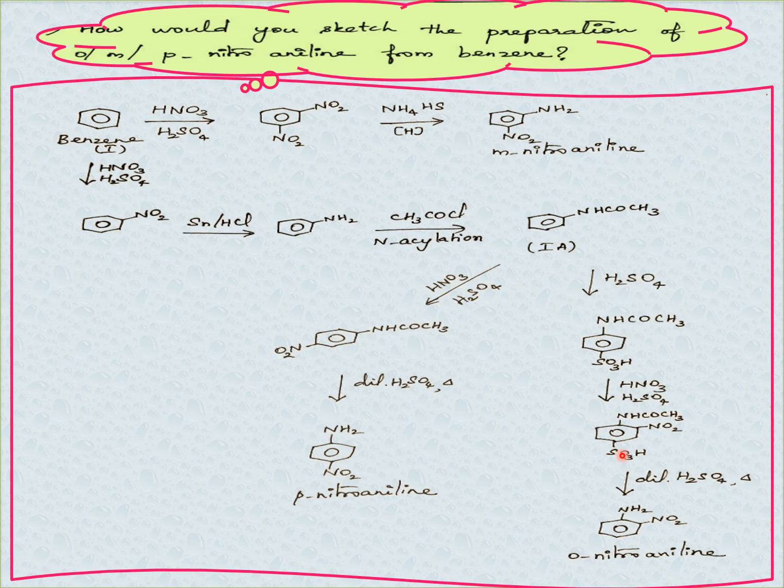This SO3H was removed, that is, desulfonation is taking place, and also the anilide is getting converted into amine. So we had synthesized ortho-nitroaniline as a product. So from benzene we had prepared ortho-nitroaniline, para-nitroaniline as well as meta-nitroaniline based on the nitration and acylation reactions.